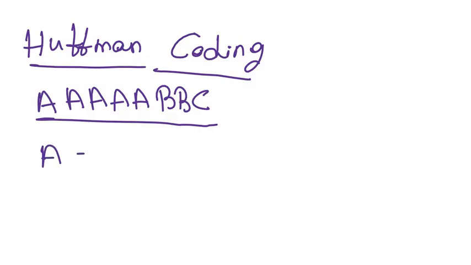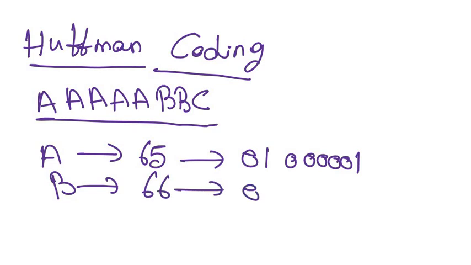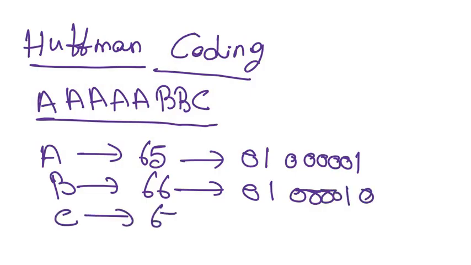For example, A has the ASCII value 65, which in binary is 01000001. B has the ASCII value 66, which is 01000010. Similarly for C, the ASCII value is 67, which is the binary value 01000011.